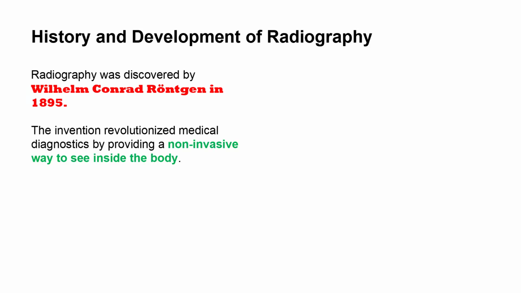The innovation revolutionized medical diagnostics by providing a non-invasive way to see inside the body. So that is why it is now the most common way of diagnosing diseases, because you can just use an X-ray to see exactly what is inside the body non-invasively.